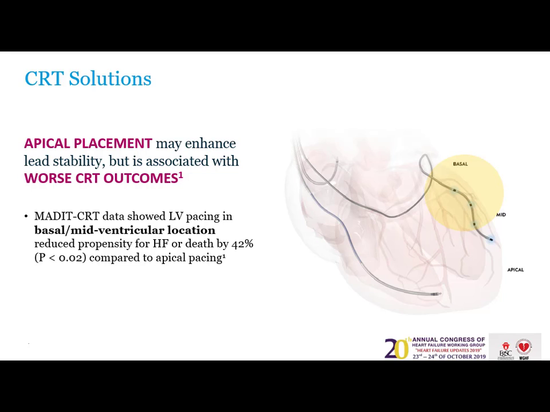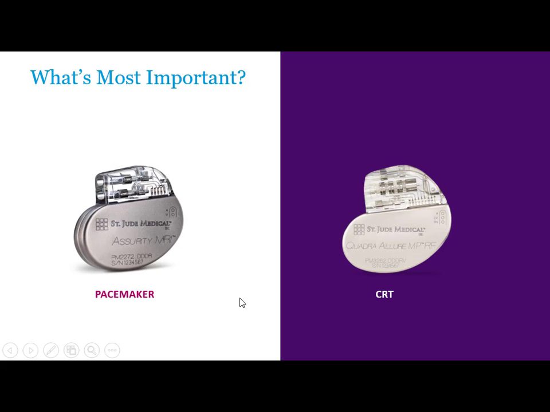And he had to pull the bipolar lead to be midway between the base and the apex, because there is a study which showed a very bad outcome of CRT from the apical position, and they recommended the mid-basal position.